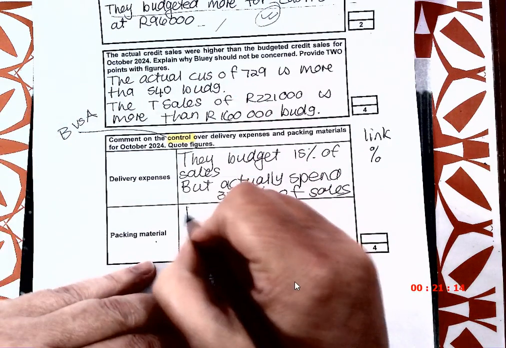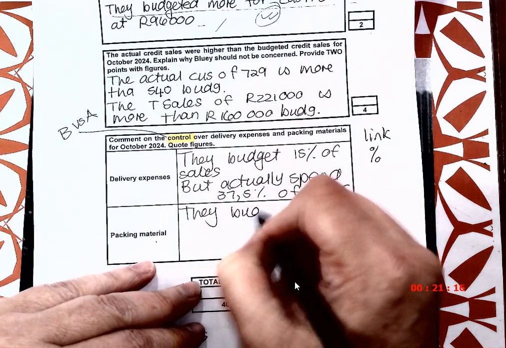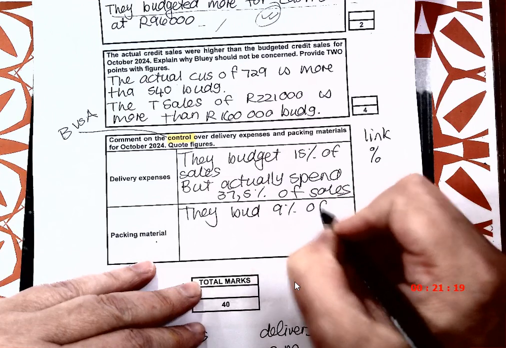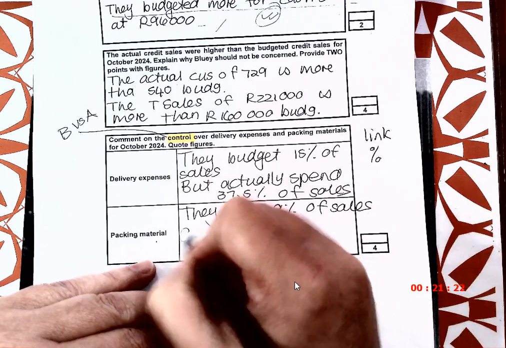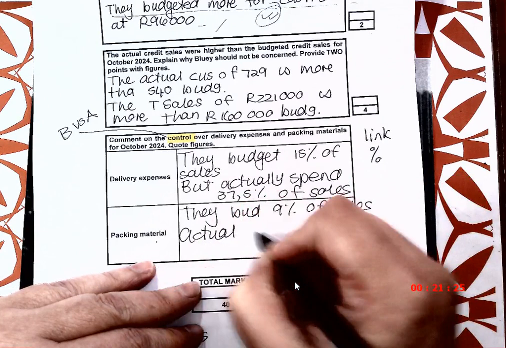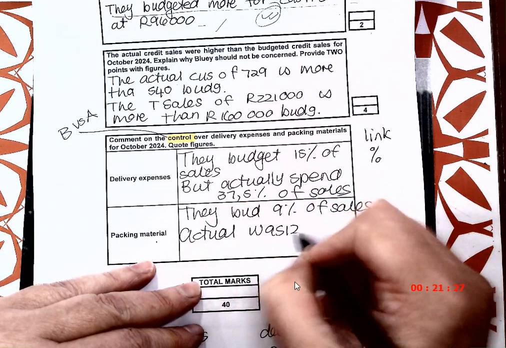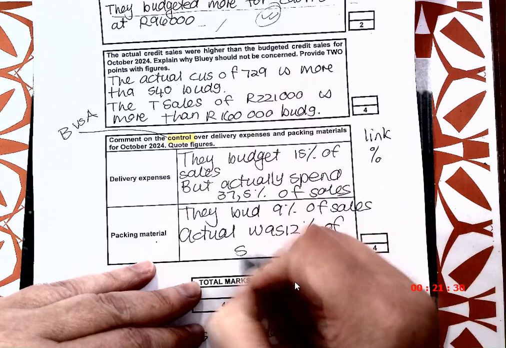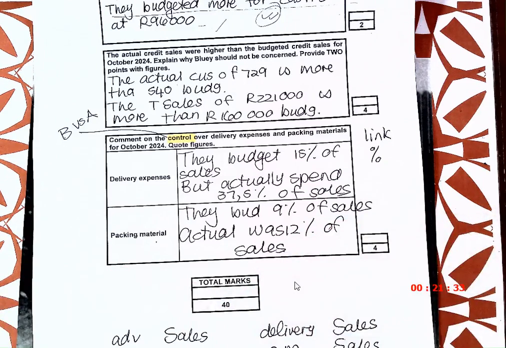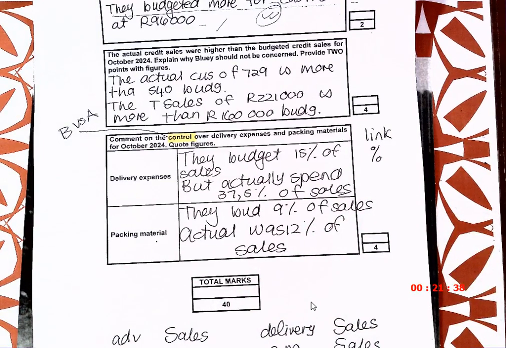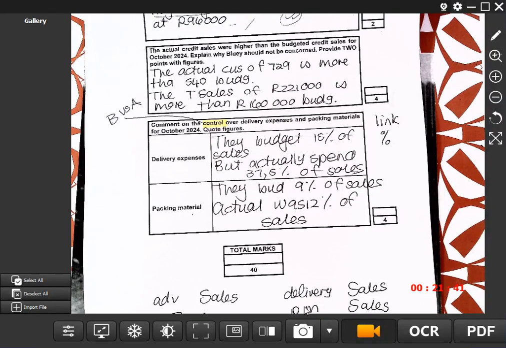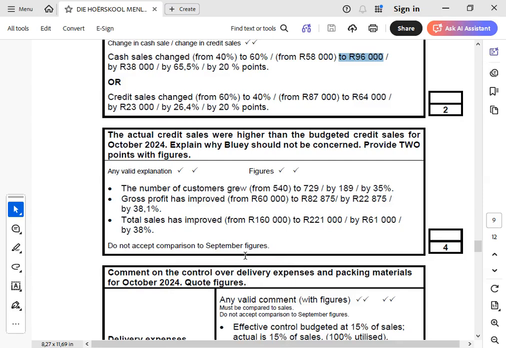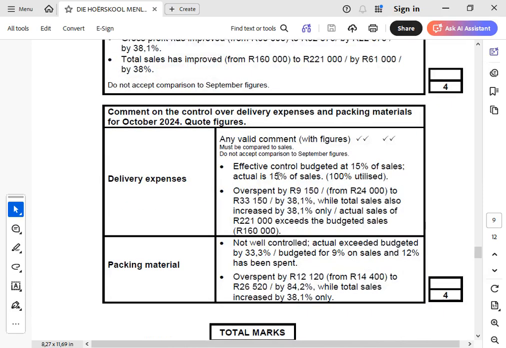So they budgeted 9% of sales. Actual was 12% of sales. I don't like the fact that it's both not good, because then it makes me think I did something wrong. So let me quickly check, because it's almost always like the three bears. One is too hot and one is too cold and one is just right. So what do they say?